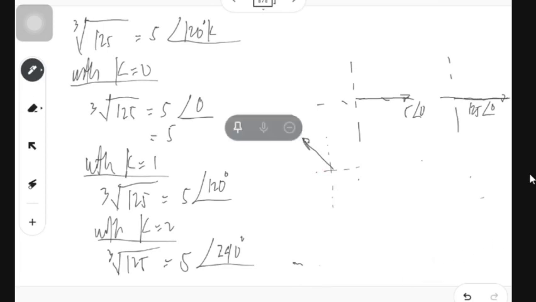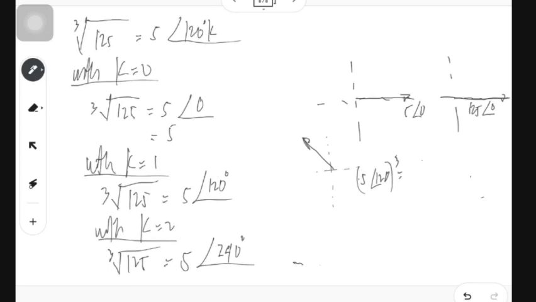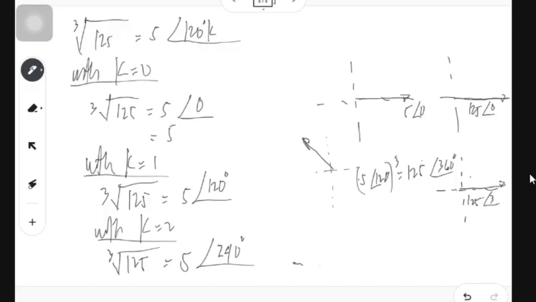Now, if we're going to raise to the third power, the result is 125, and 120 times 3 is 360 degrees. If we plot 125 bar angle of 360 degrees, ito yung ating reference, 125, but it will rotate one complete revolution. Di ba dito rin babagsak? Same position as the first root.